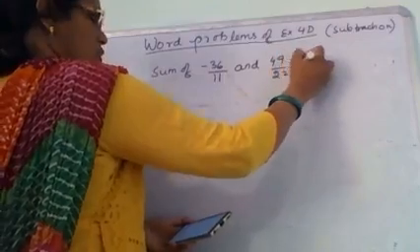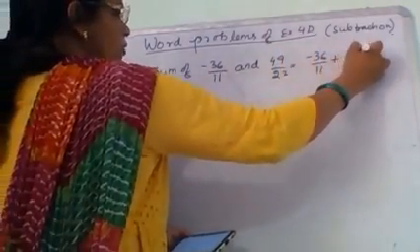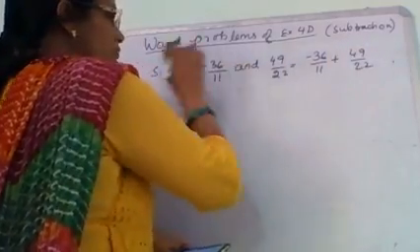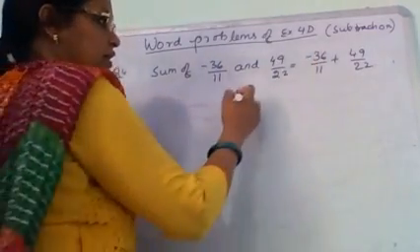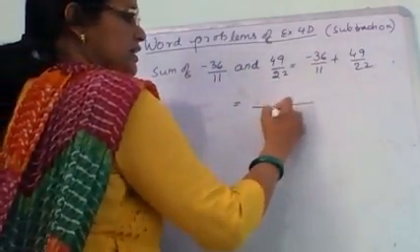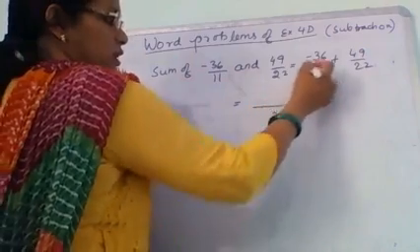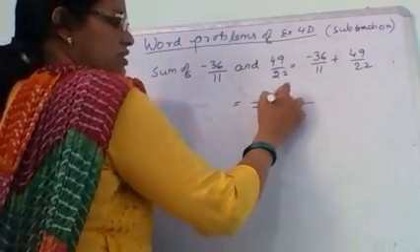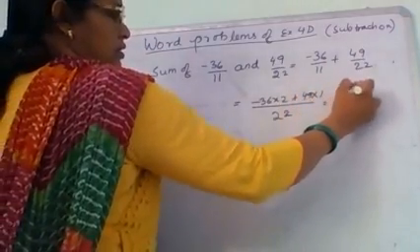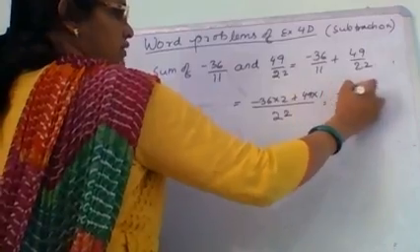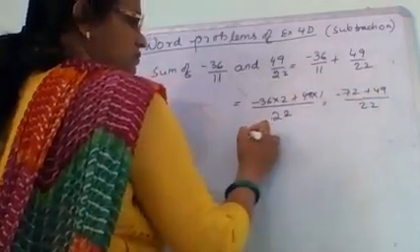This is equal to minus 36 by 11 plus 49 by 22. Sum hai, so we will have the positive sign. So taking LCM 22, so into 2, minus 36 into 2, and here 49 into 2. Minus 72 plus 49 divided by 22.